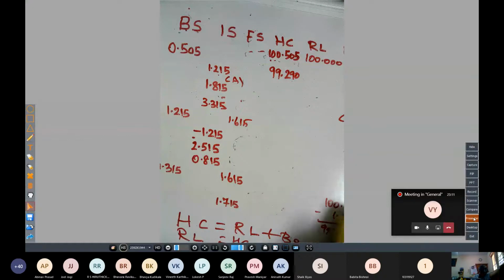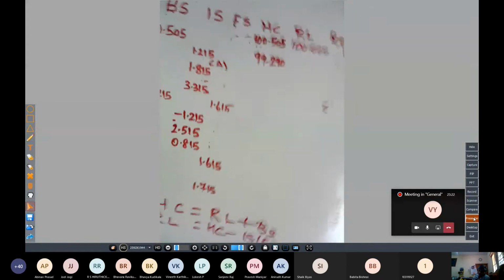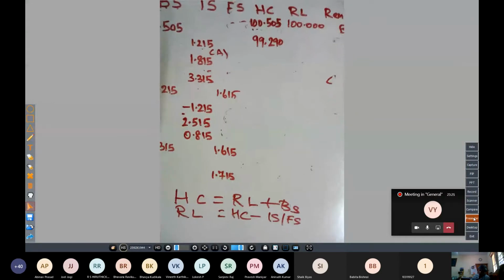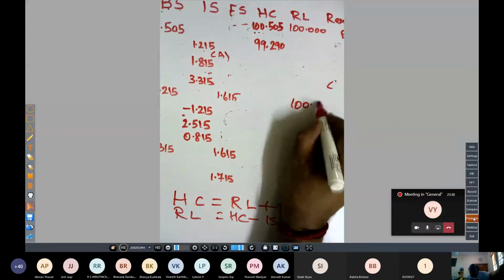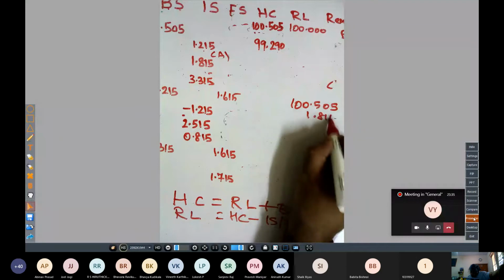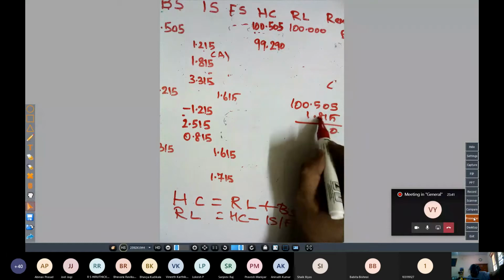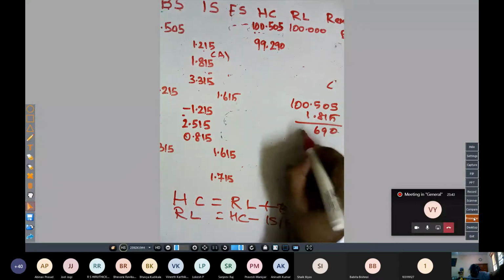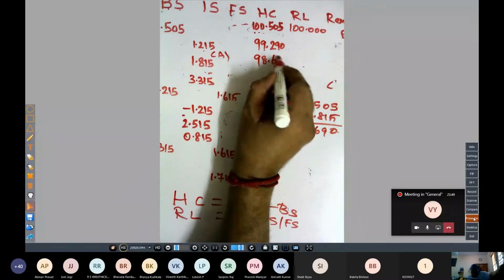Next point, it is 1.815. So 100.505 minus 1.815 is 98.690.